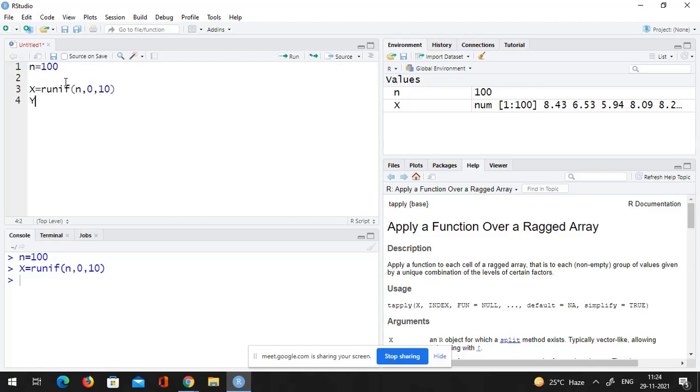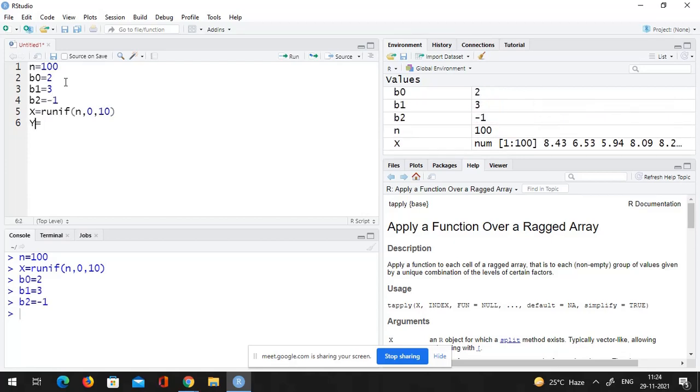And now y I have to construct, so I'll introduce some beta naught and beta 1. So beta naught is suppose 2, beta 1 is suppose 3, and beta 2 is suppose minus 1.